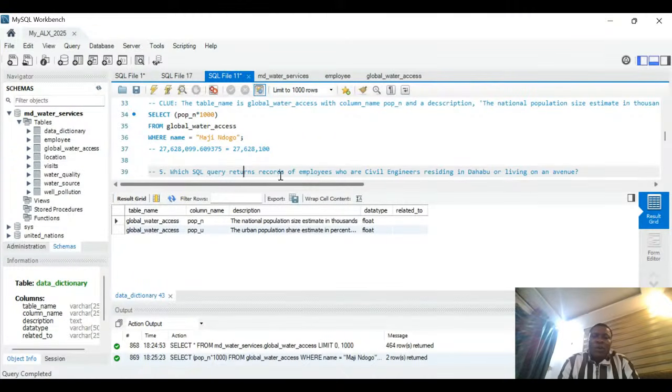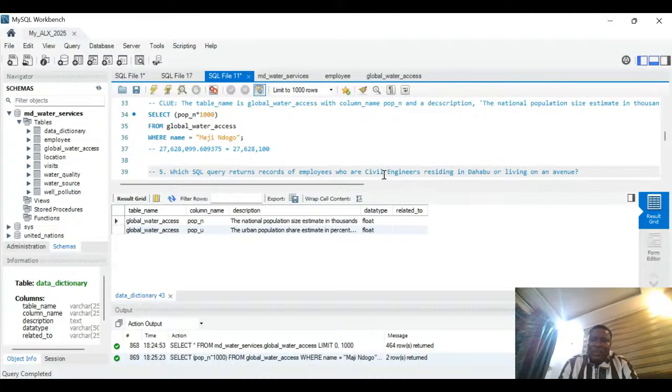So if we read the question again, it says: which SQL query returns records of employees who are civil engineers residing in Dahabu or living in an avenue. We have employees, civil engineers, and names and residents.